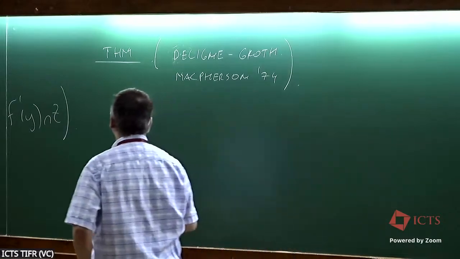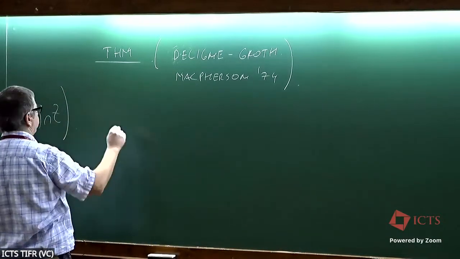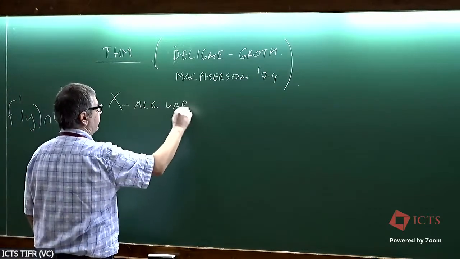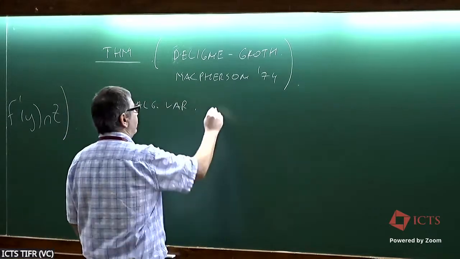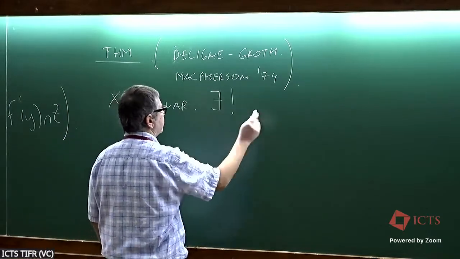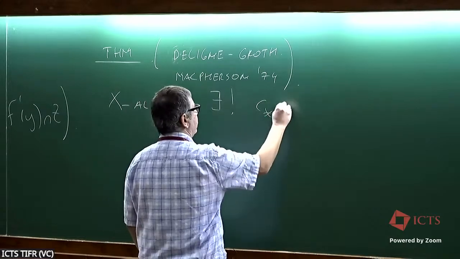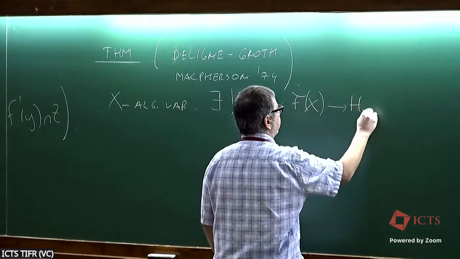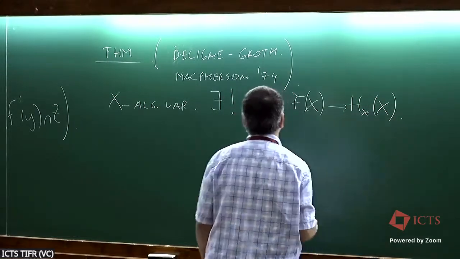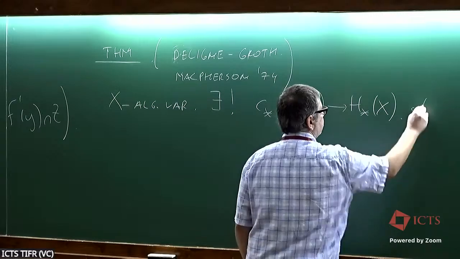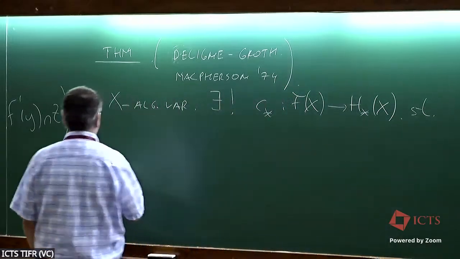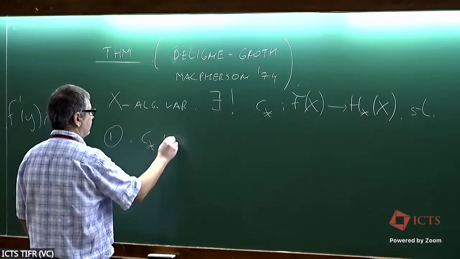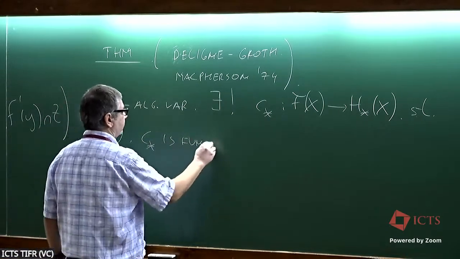X is as before, an algebraic variety, so it could be singular. Then there exists a unique transformation c_*, which goes from constructible functions to homology. You can upgrade this to Chow and so on, such that two properties hold. First of all, c_* is functorial.